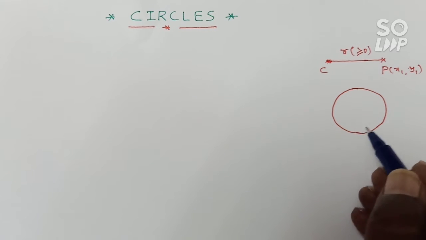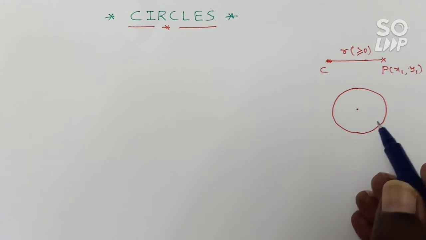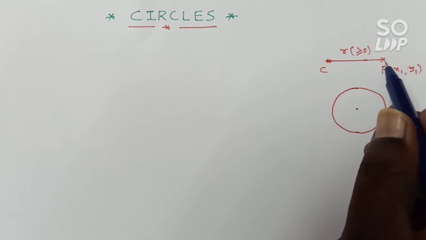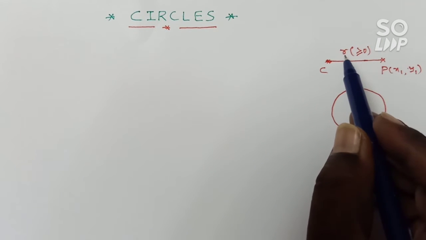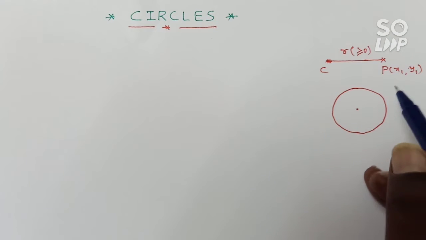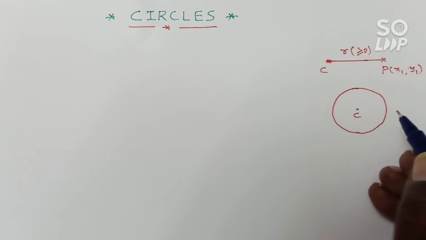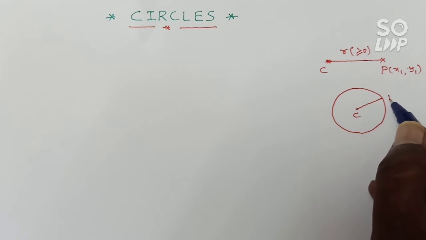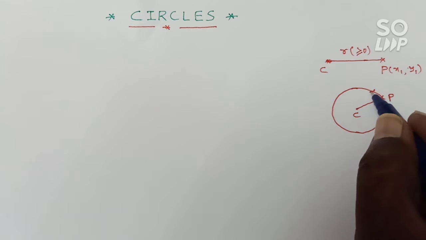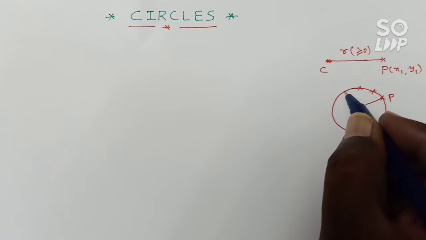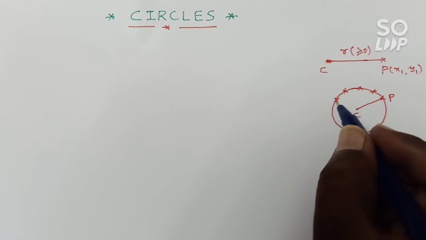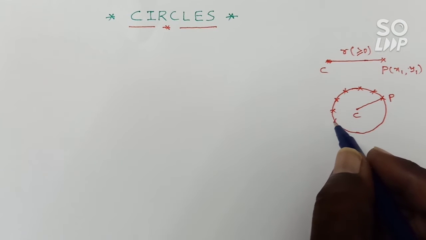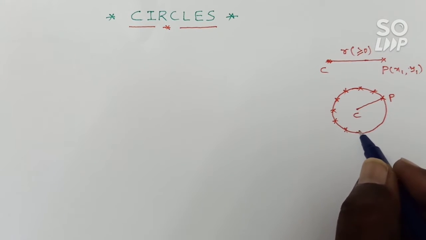So what we discussed in the definition: the set of points which are at a distance of r units from the fixed point C. So you have an infinite number of points on the circle which all satisfy the given condition.